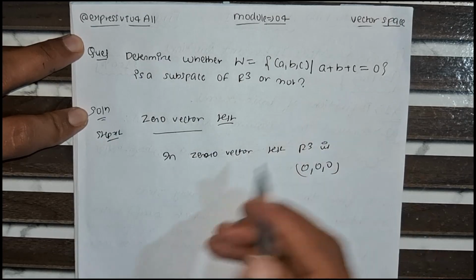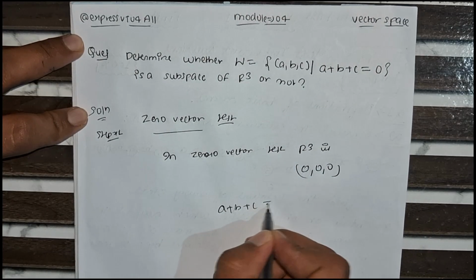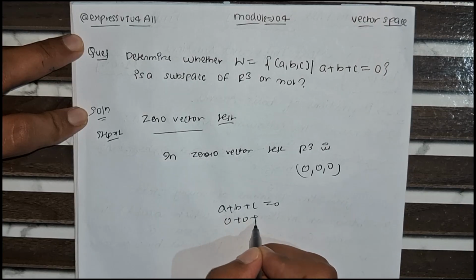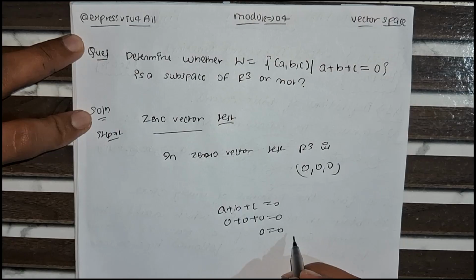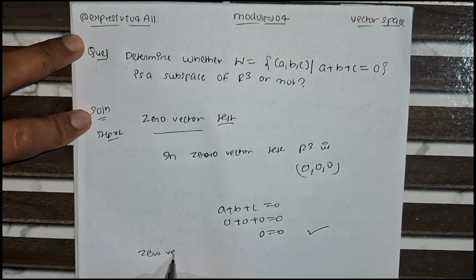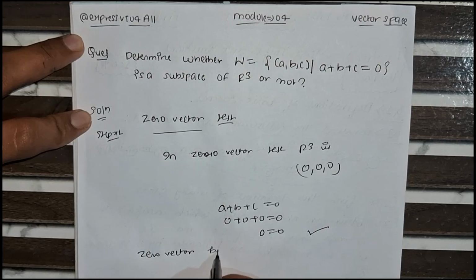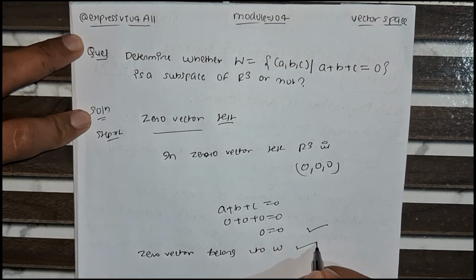Then put all the values in a + b + c = 0. It becomes 0 + 0 + 0 = 0. So 0 = 0. So our zero vector belongs to W. This condition is satisfied.